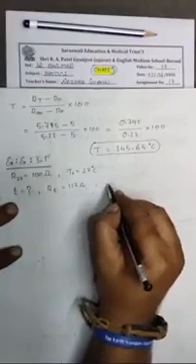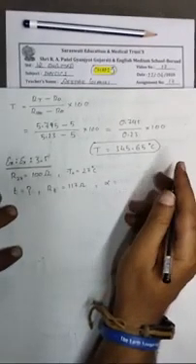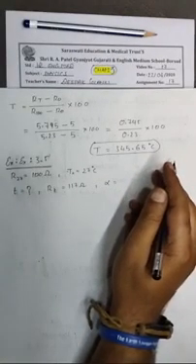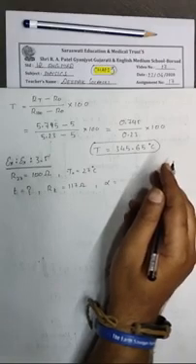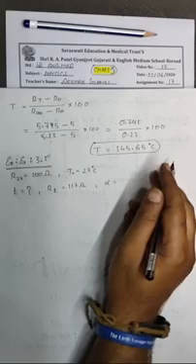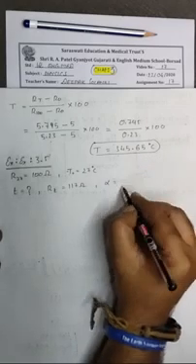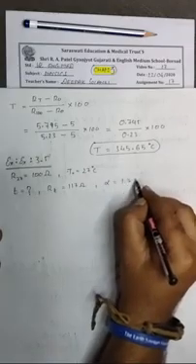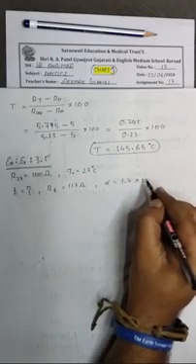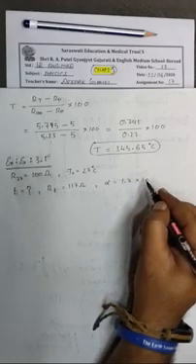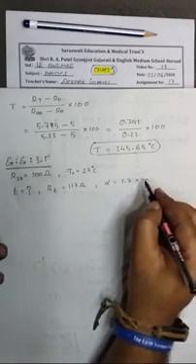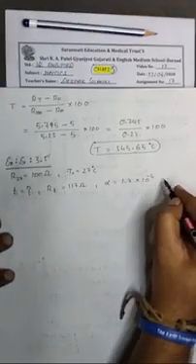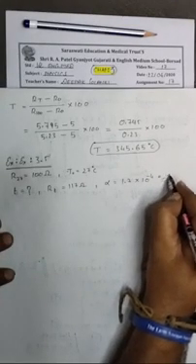What is given? Alpha. What is alpha? The temperature coefficient, and its value is alpha equal to 1.7 multiplied by 10 raised to minus 4 per degree Celsius.